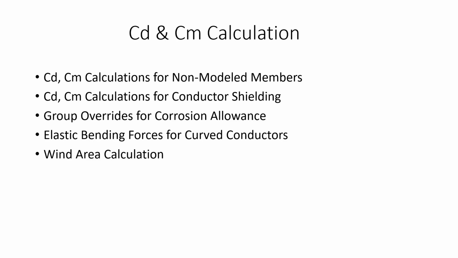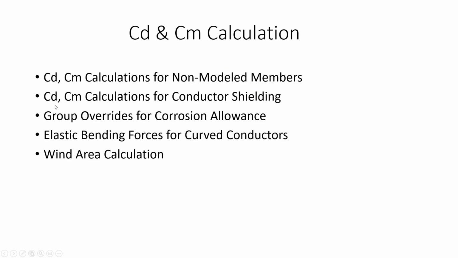So the jacket leg will absorb the load, but there will be some anode welded to the leg. The same wave will hit the anode. So all the anodes will attract some wave force and it will transfer to the jacket leg. There we are not modeling the anode. Still we have to consider that load also on the leg. For that we have to do the CDCM calculation and override the non-model members.